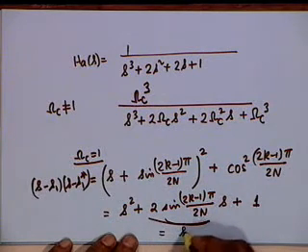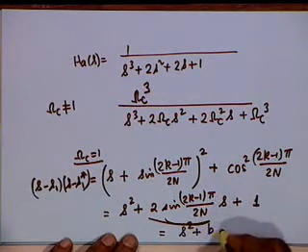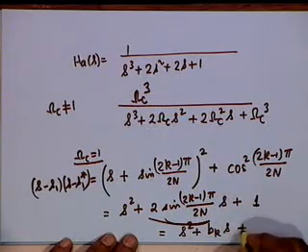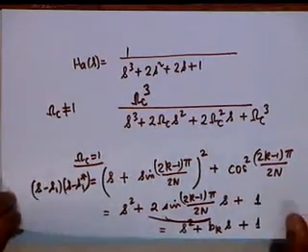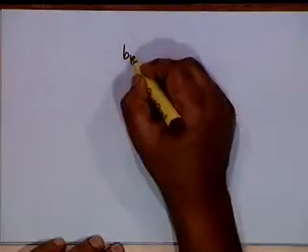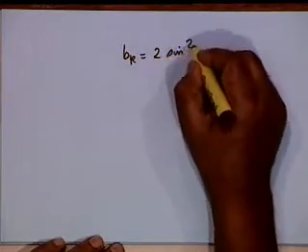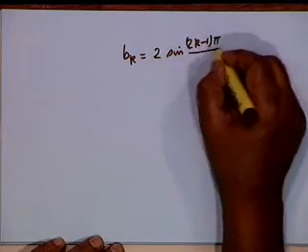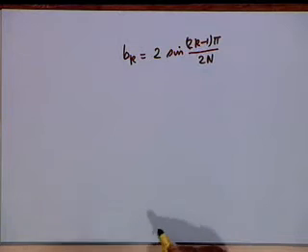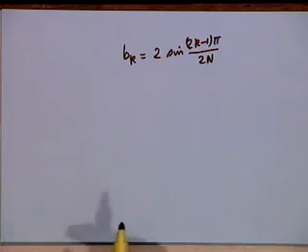Let us give a name to this, S squared plus bk S plus 1, where the constant bk is equal to twice sine 2k minus 1 pi divided by 2n. We must not lose sight of omega c, because omega c in all practical cases would not be 1 radian per second, it will be something else. It may be 500 pi radians or 1000 pi radians, depending on your cutoff frequency, 3 dB frequency.